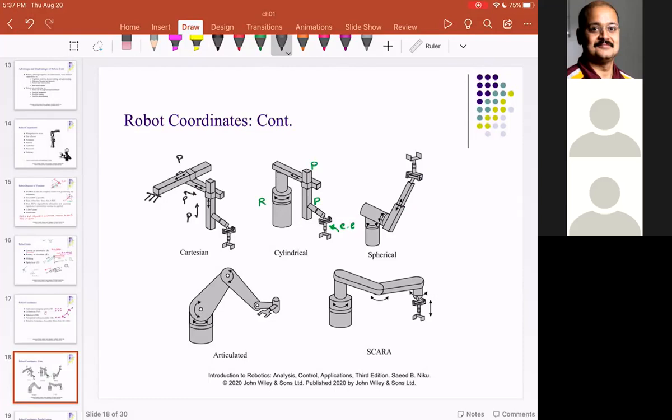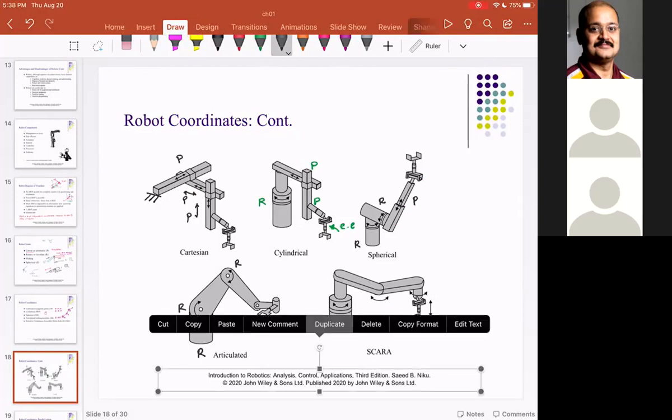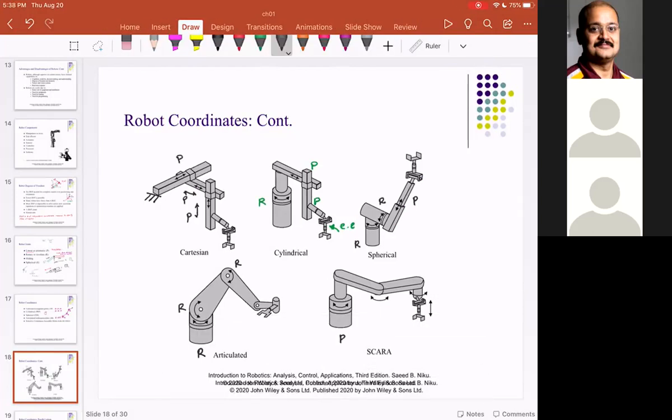Then if you think about the spherical robot, you have the revolute joint and the prismatic joint. Then the articulated robot has revolute, revolute, and revolute joints. And if you look at the SCARA robot, you have revolute joints and then a prismatic joint.